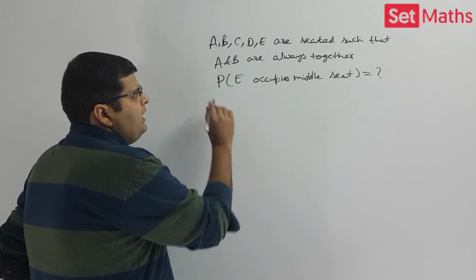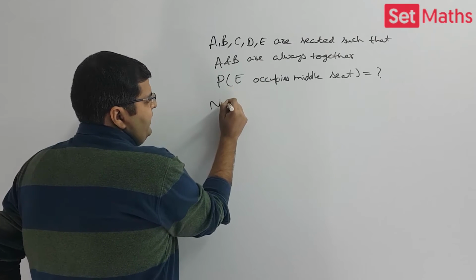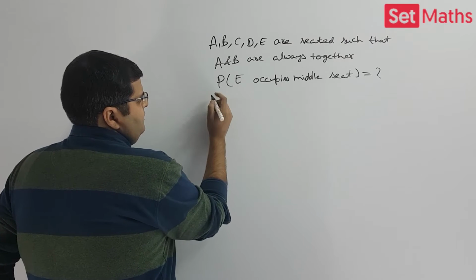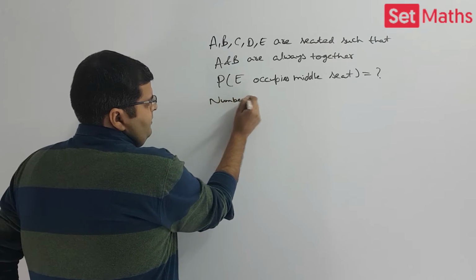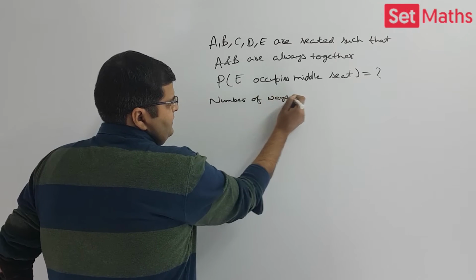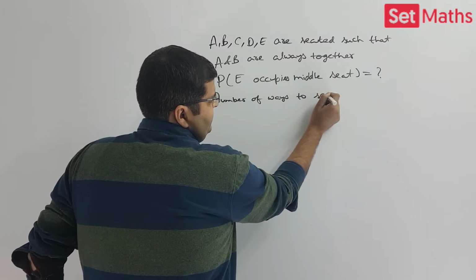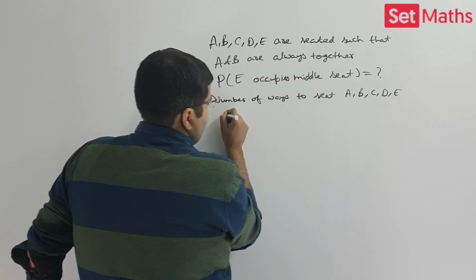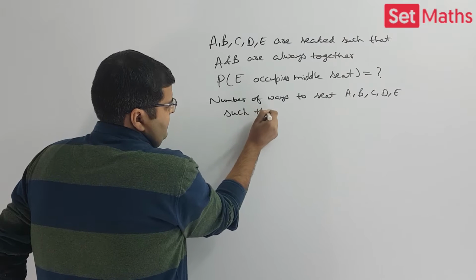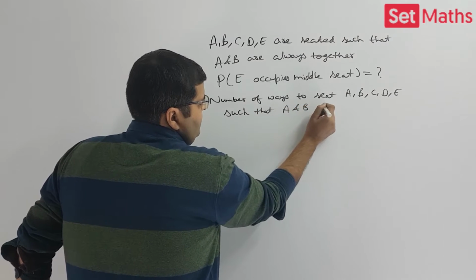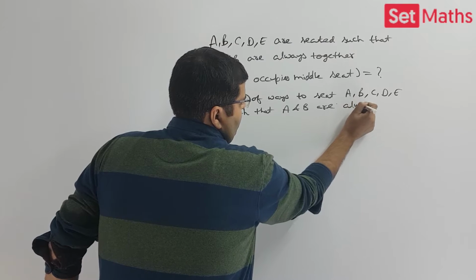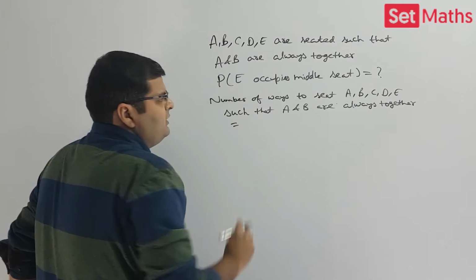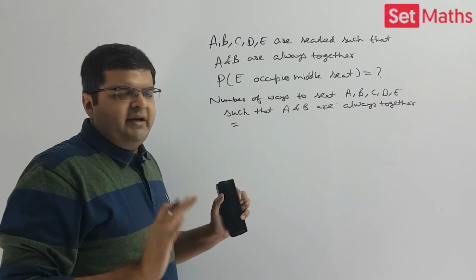So now first of all, we have to find the number of ways to seat A, B, C, D, E such that A and B are always together. If we do that, this will give us the total number of ways of the seating arrangement.